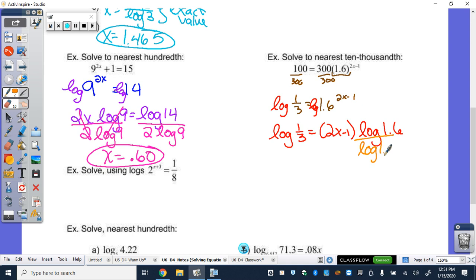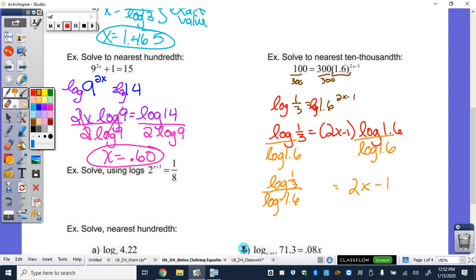So trying to get x by itself, I divide by the log of 1.6. So the log of 1/3 divided by the log of 1.6 equals 2x minus 1.